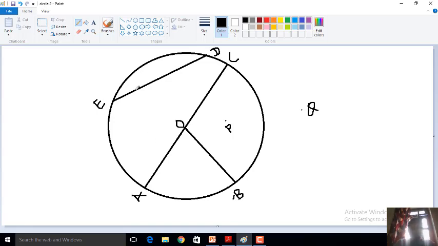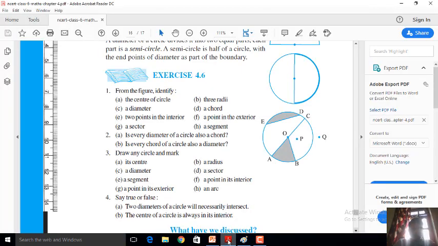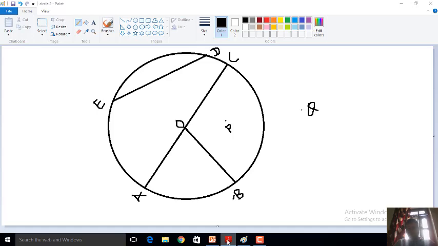I have drawn the figure that is in book, in the Microsoft Paint app, and from where we are going to analyze the question. Now we have to identify the center of the circle. We know that center of a circle is a point from which every point on the circle is equidistant. So here O is the point, and all the points on the circle is equidistant from it.